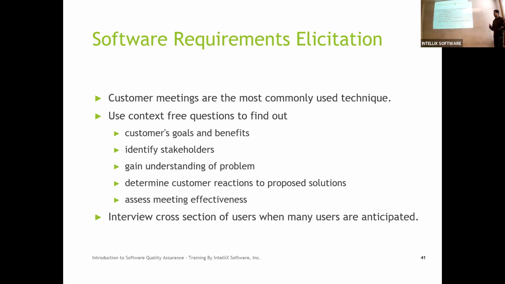A lot of times they do it by understanding what the customer wants, what problem they are trying to solve. Sometimes they also identify who the stakeholders are that they need to talk to in order to get that information. Then they also interview the customers and ask how they would do this.